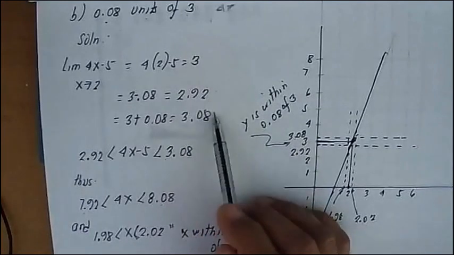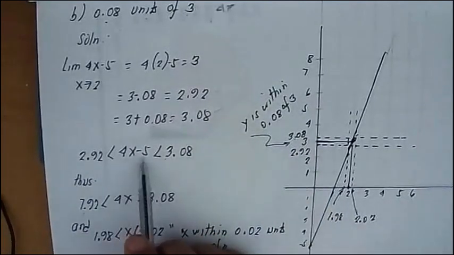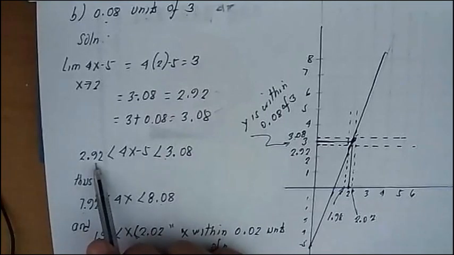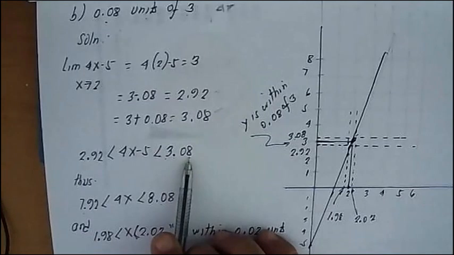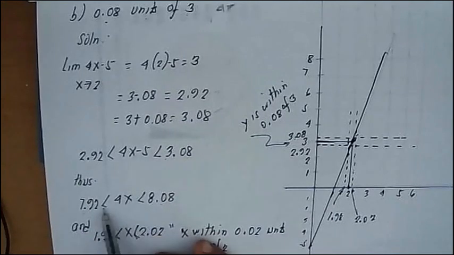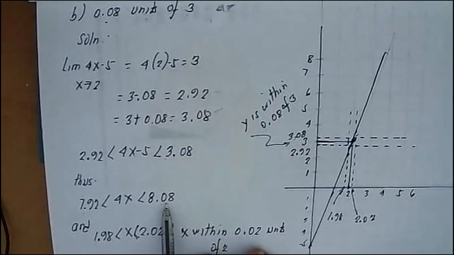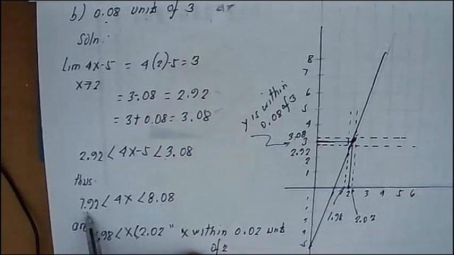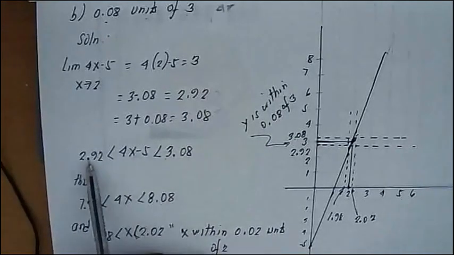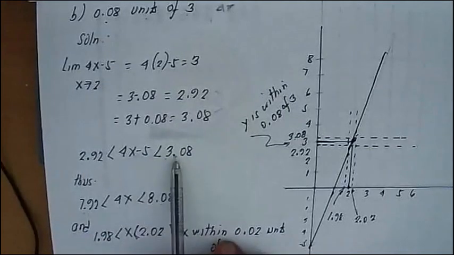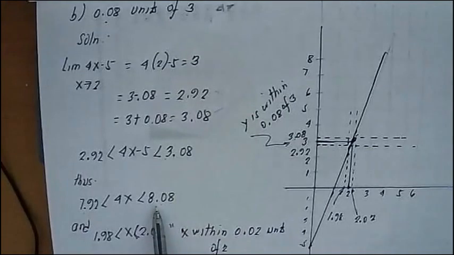Next, 4x minus 5 should be greater than 2.92 but less than 3.08. Thus, 4x is greater than 7.92 but less than 8.08. Alam nyo kung paano kayo nakuha yung 7.92 at saka 8.08? 5 plus 2.92 is 7.92. 5 plus 3.08 is 8.08.